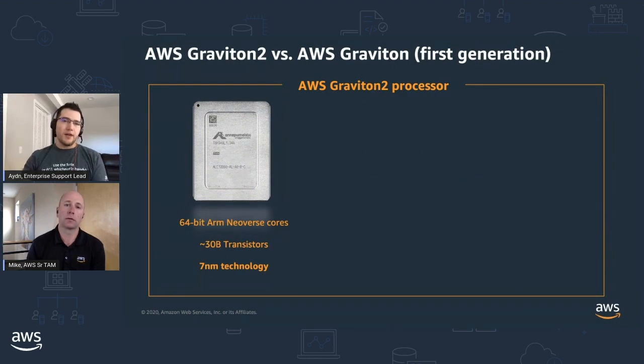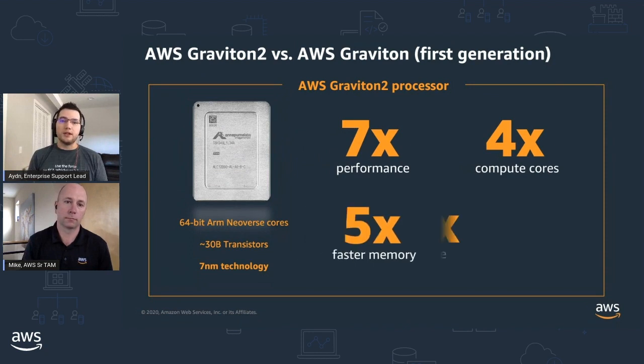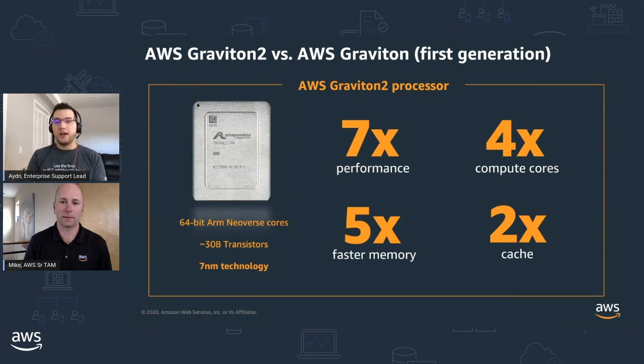Excellent. So the A1s and the first generation of Graviton was our first foray into custom EC2 CPUs. And with re:Invent 2019, we announced the Graviton2 CPUs, which presented huge performance increases. You're seeing a picture on the left here of what a Graviton2 CPU looks like, with 64 vCPUs, 64 physical cores, and 30 billion transistors compared to 7 billion in the A1.